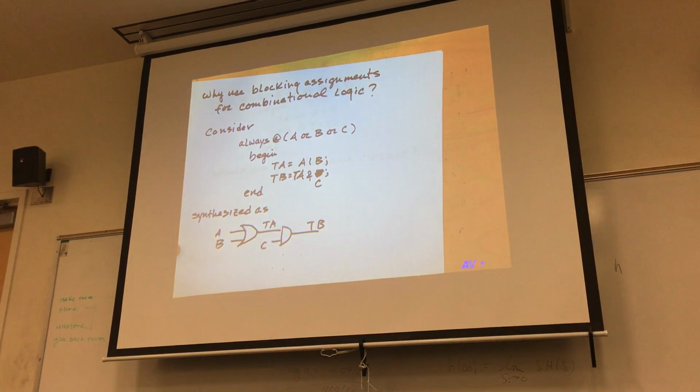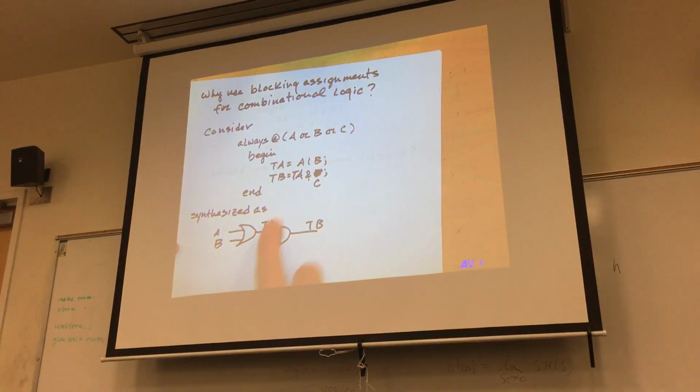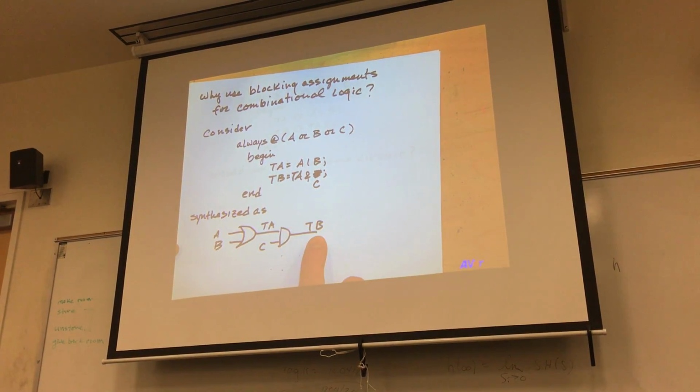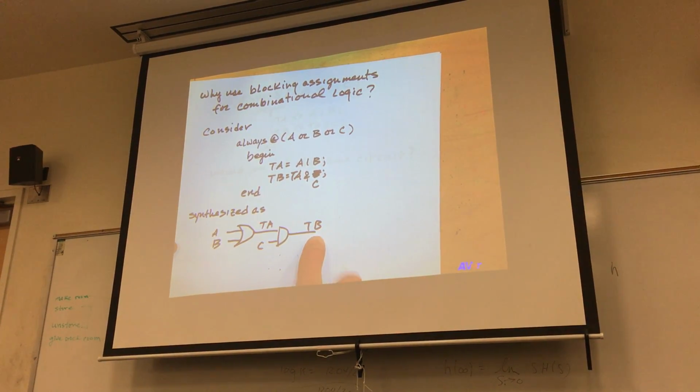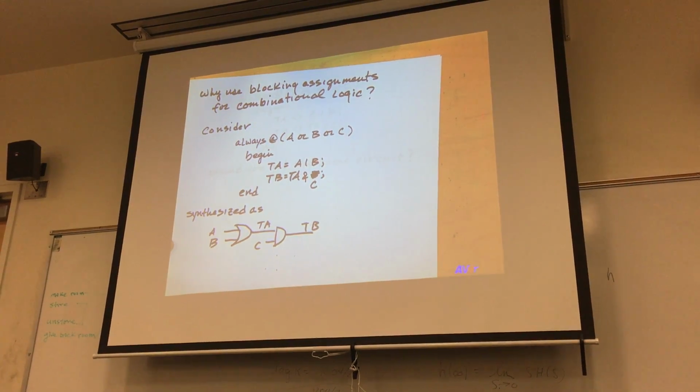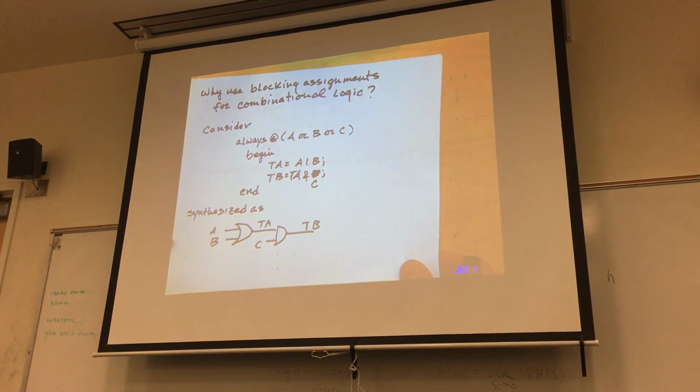Can you show us what the synthesized circuit would look like for that second code? Oh, gosh, no. Goodness, crazy mess. It would be a crazy mess because there would obviously be more gates, because TA now would have to be an input to circuitry determining the new value of TB. I'm not sure exactly what the synthesized circuit would look like.